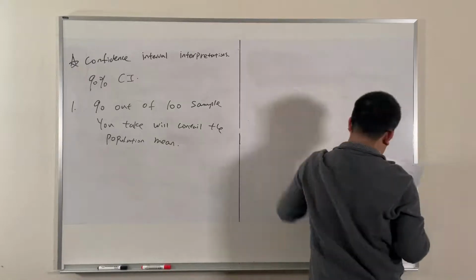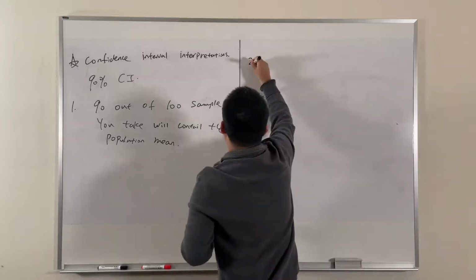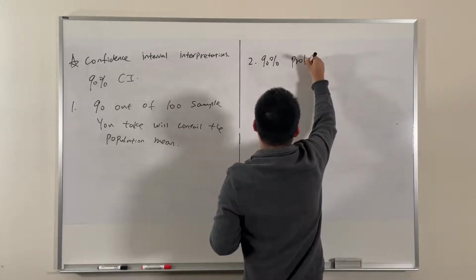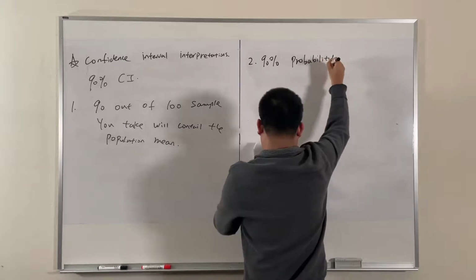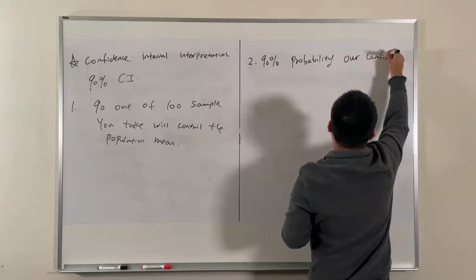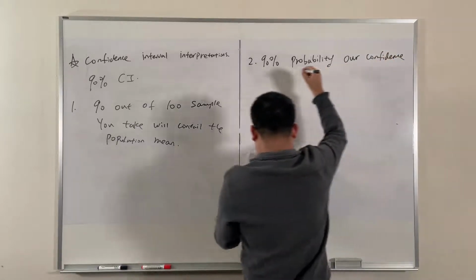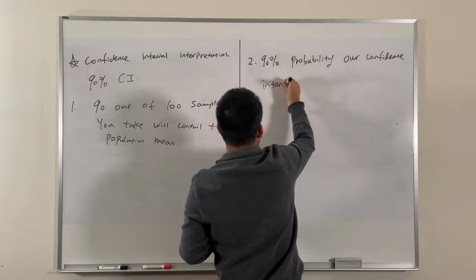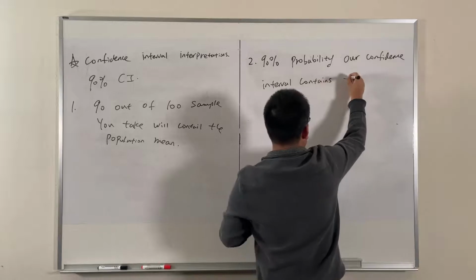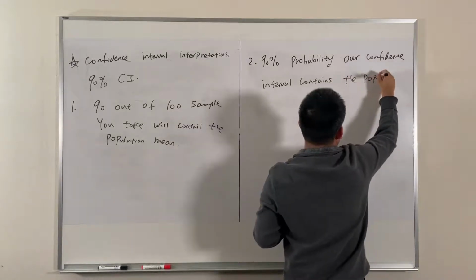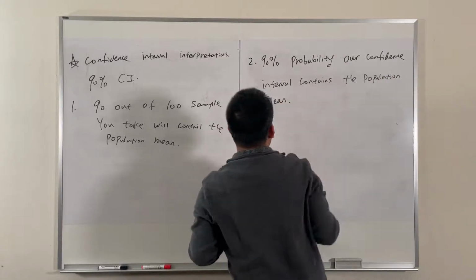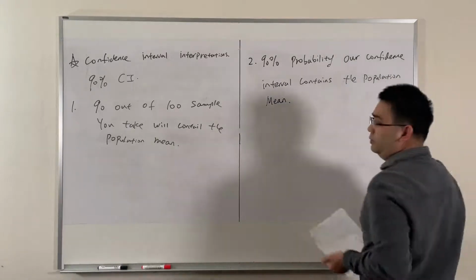Okay, and then the next interpretation is that there is a 90% probability that our confidence interval contains the population mean. Okay, so a 90% probability that our confidence interval contains the population.